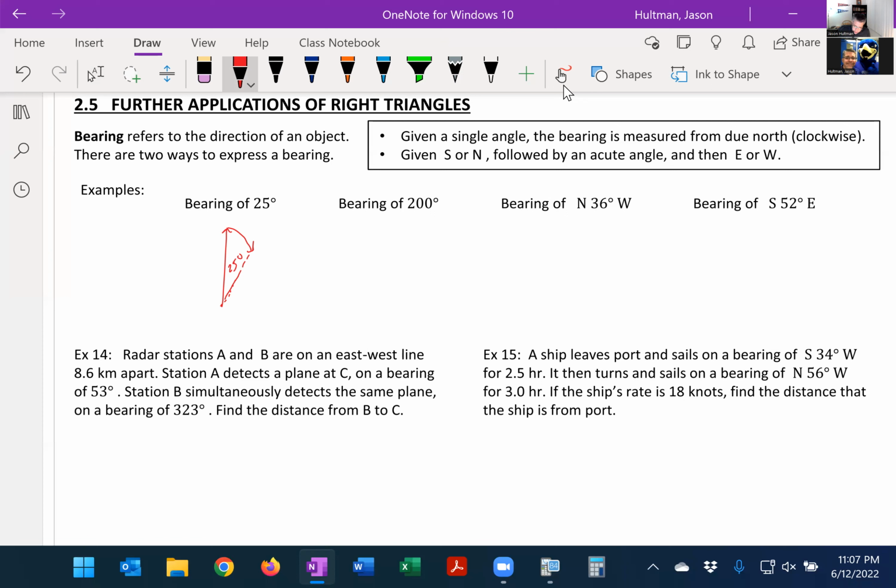So a bearing of 200, what's that going to look like? Well, if I were to start at north and go all the way to south, that's 180 degrees. And so we're going to continue 20 more degrees.